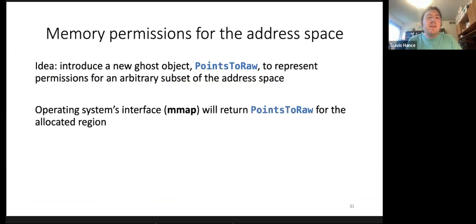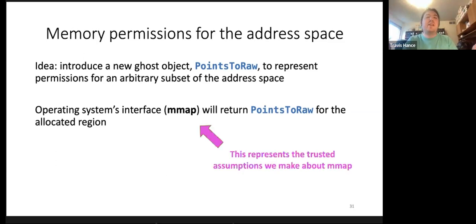And we're going to say that when you call into the operating system's mmap, so we're doing it on Linux, we're using mmap, mmap gives you points-to raw for the particular allocated region. This is essentially an assumption we're making about how mmap works. We're saying that mmap gives you the permissions to access this memory when you call it.